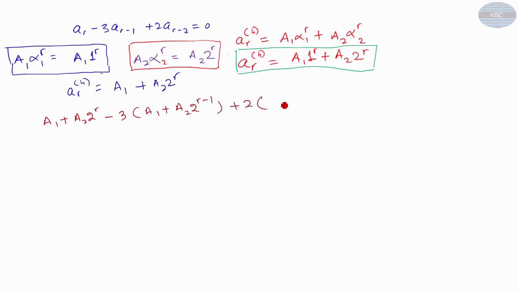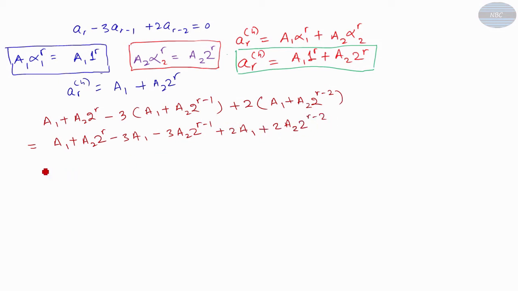Similarly, plus 2 into a1 plus a2 into 2 to the power r minus 2. So let us open the bracket here. a1 plus a2 2 to the power r minus 3a1 minus 3a2 2 to the power r minus 1 plus 2a1 plus 2a2 2 to the power r minus 2.